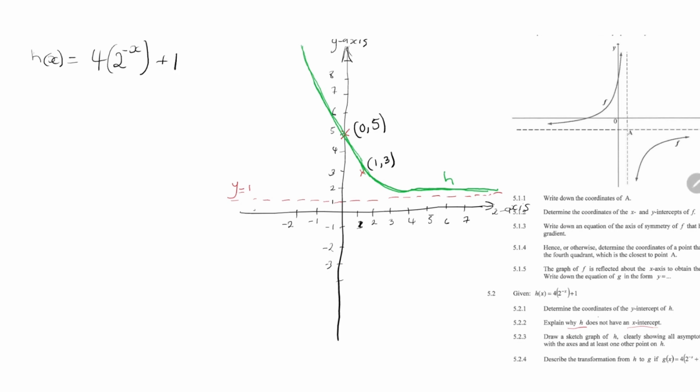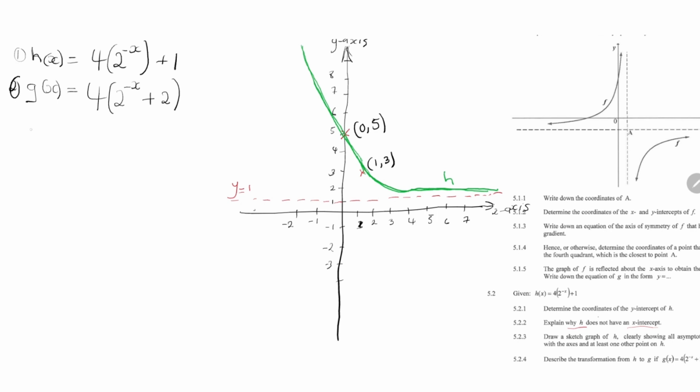We're told this graph h is transformed to g, and g is described as g of x equal to 4 multiplied by 2 to the power of (minus x plus 2). So we're supposed to describe the transformation from h to g. So how are we going to do that?